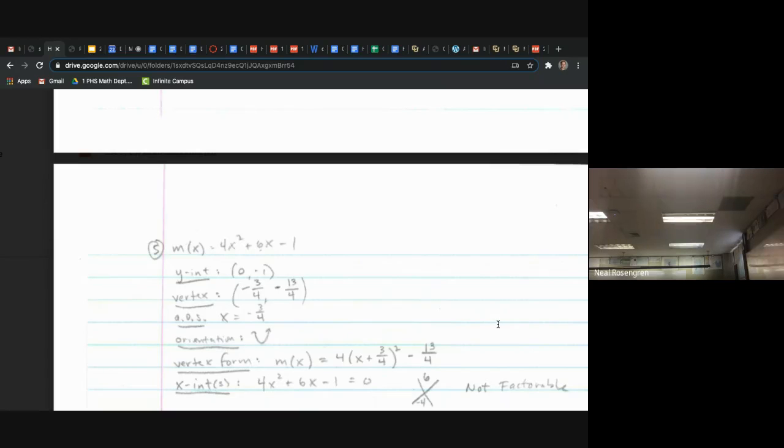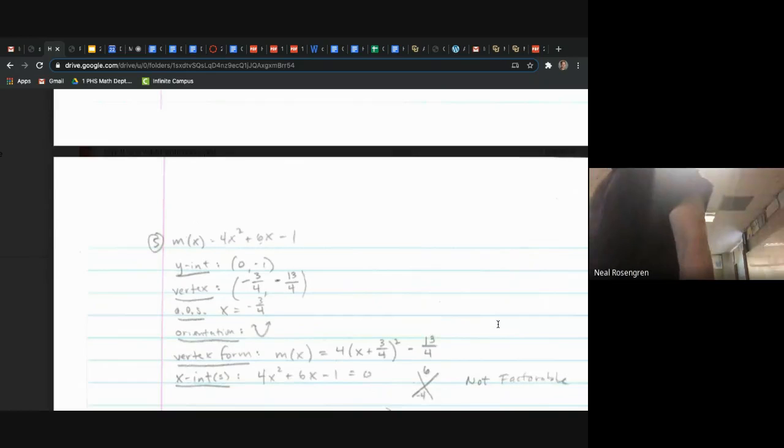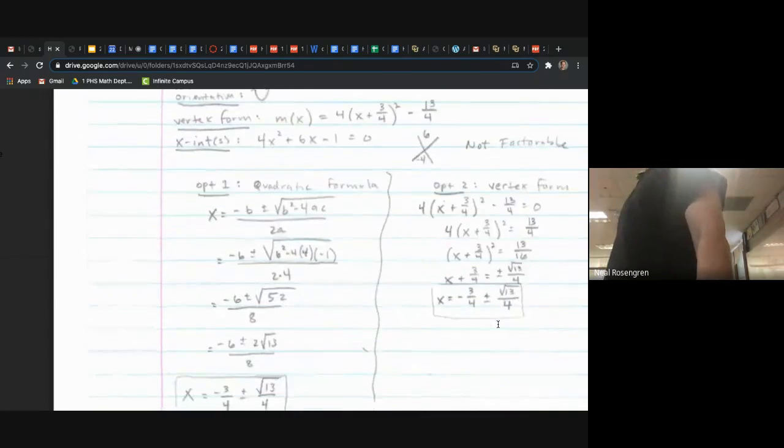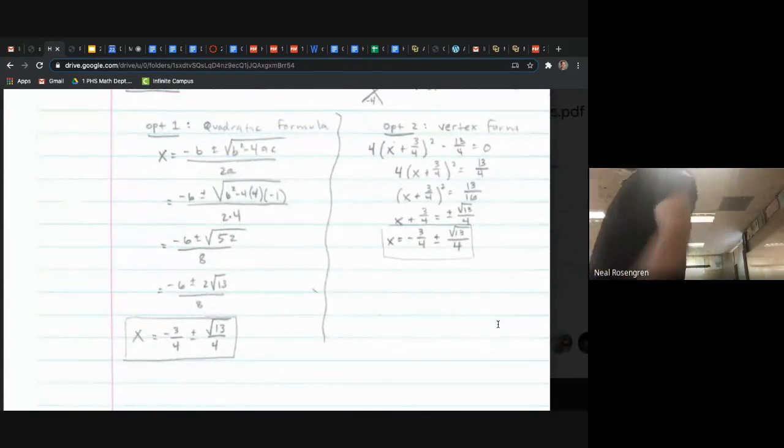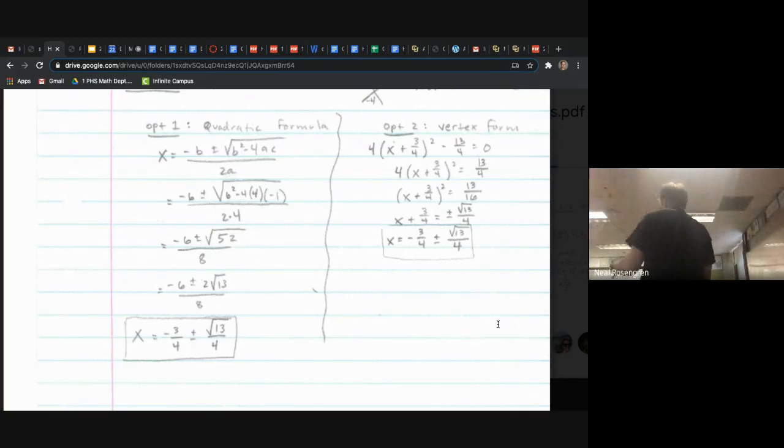Instead of taking standard form and setting it equal to 0, here's two options for you. The quadratic formula works great, but what if we took vertex form and set it equal to 0? Same exact equation, just written a little differently, right? We did either our completing the square, or we just wrote it with the vertex and with that leading coefficient. And then you solve for it directly.